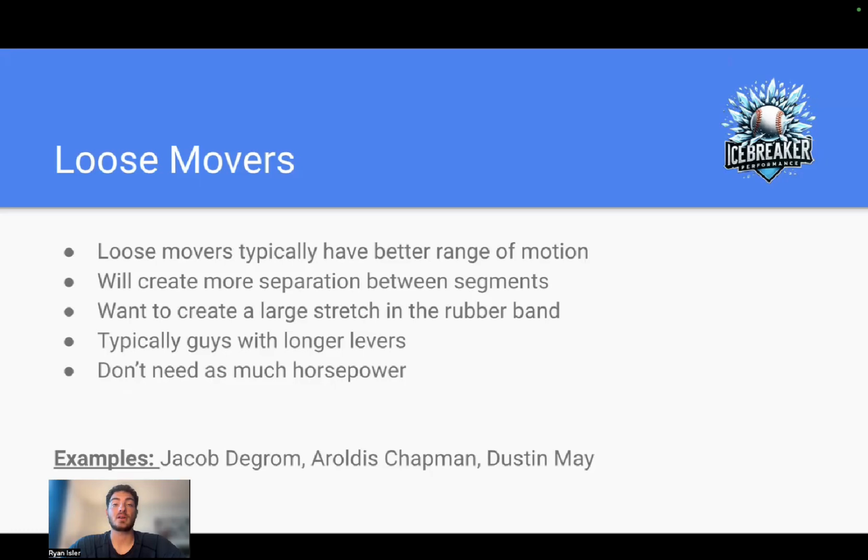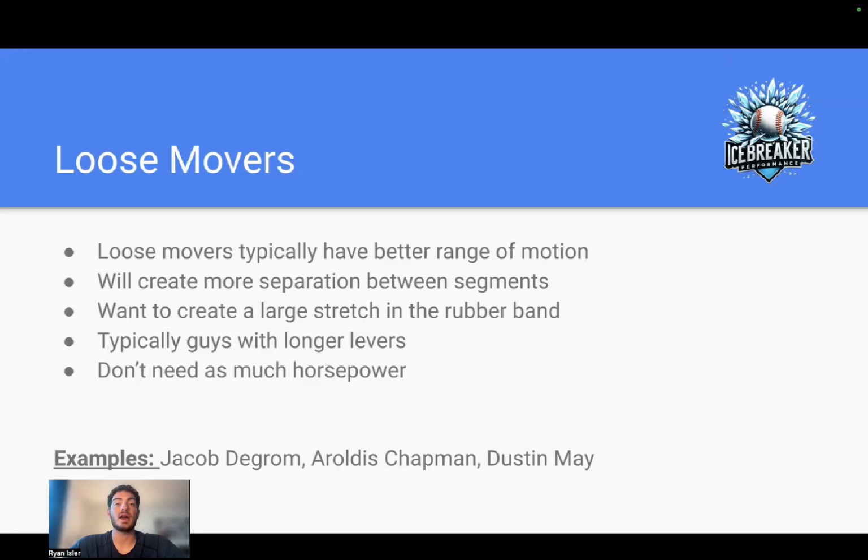And because of that, now they're going to basically be able to stretch their body and stretch their rubber band longer before they release, which is going to generate more force, right? So these guys typically also have longer levers, the guys that throw hard, right? But there are examples of guys that are smaller, but they are very bendy and loose, and they still are able to throw hard.